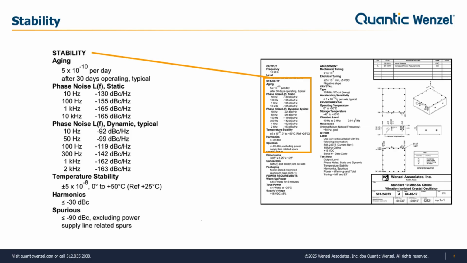The measurement value is in decibels below the power level of the fundamental frequency. In our example, under static conditions, at 10 Hz offset from the fundamental frequency, the measured phase noise is specified to be at least 130 decibels below the power level of the fundamental frequency, written as minus 130 dBc per Hertz.